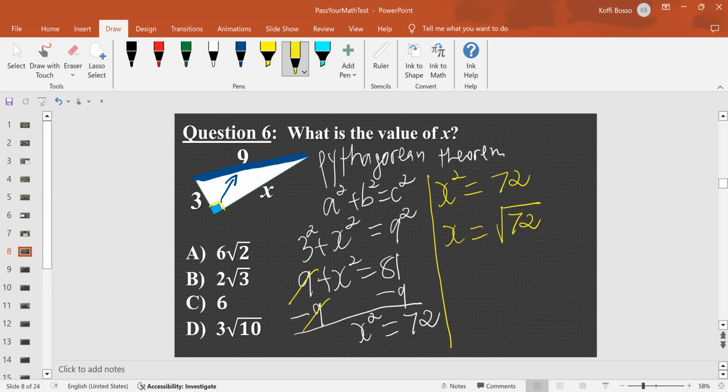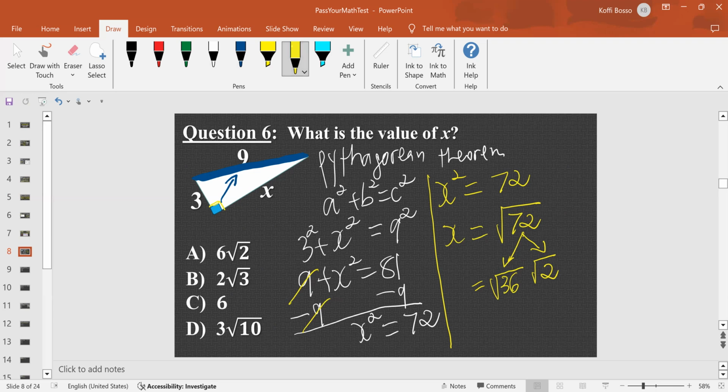So to simplify, we're going to break down this 72. So understand that the square root of 72 is the same as the square root of 36 multiplied by the square root of 2. Okay, so 36 is a perfect square. 36 is a perfect square means what? There is a number you can multiply by itself to get 36.